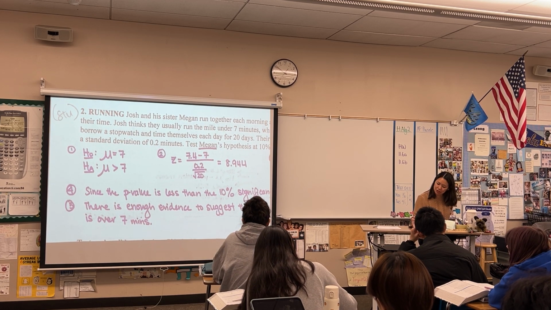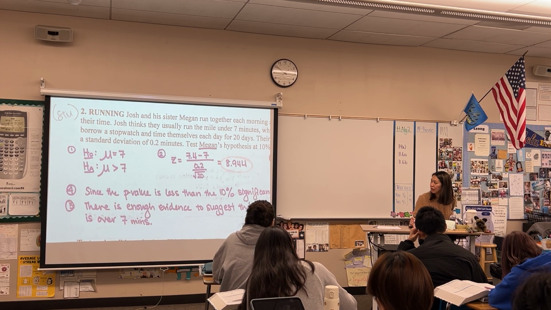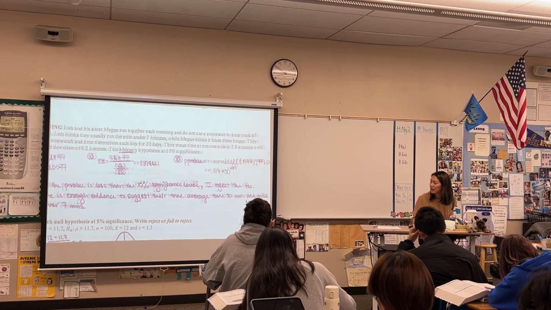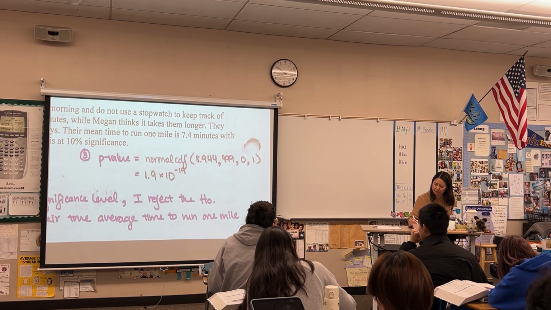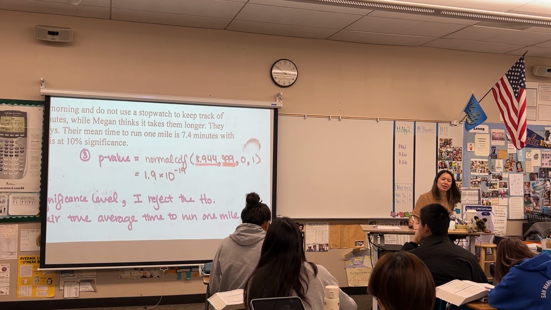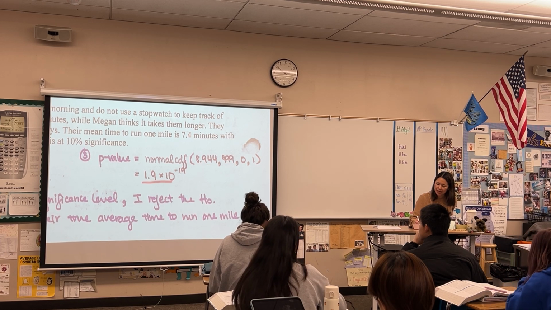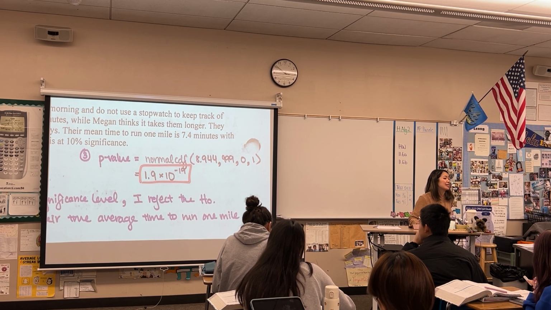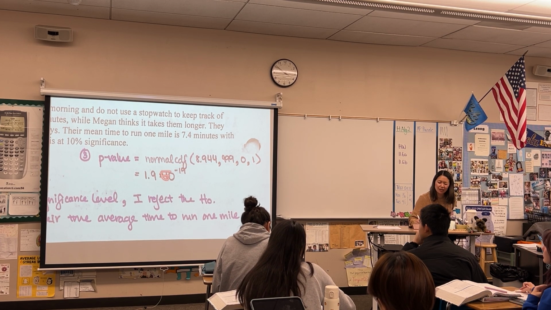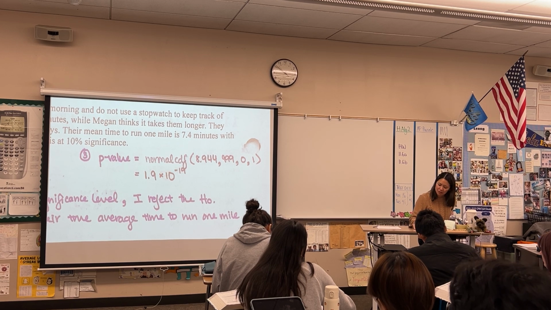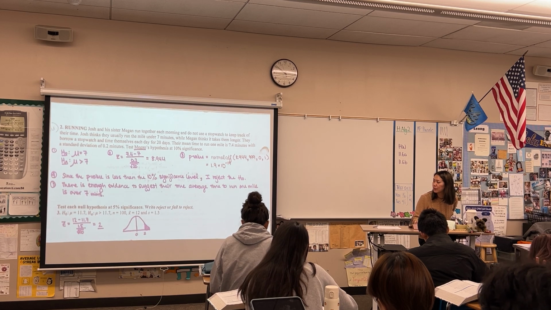Number 2, your Z statistic was 8.944, and for the p-value, I did normal CDF from this value to positive 999, and I got 1.9 times 10 to the negative 19. Like your calculator says, write it out as scientific notation. So super, super low p-value.